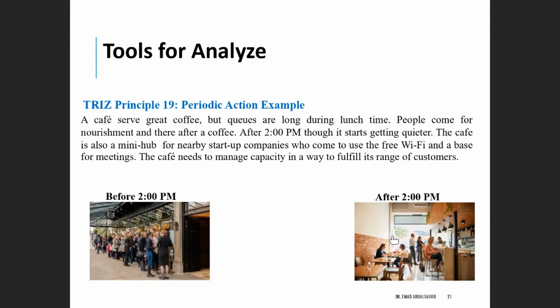But when you use the TRIZ principles, you look at all 40 principles and see which one, by reading its definition, could solve your problem and transform it from a general solution into a specific solution that serves this problem exactly. Okay, so these are the given information that we got for this cafe.